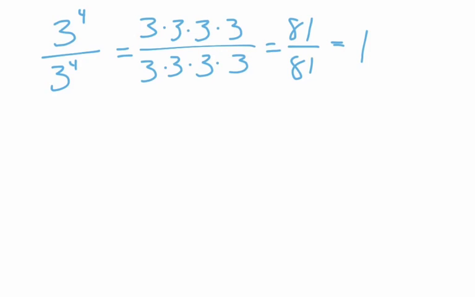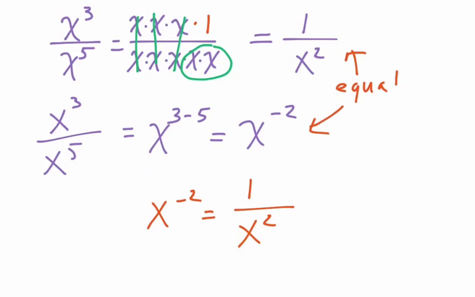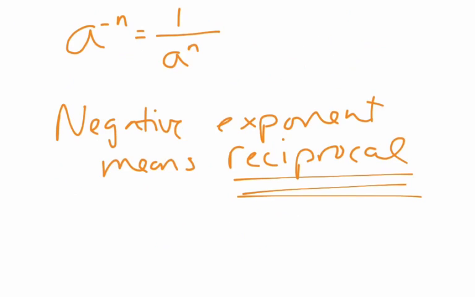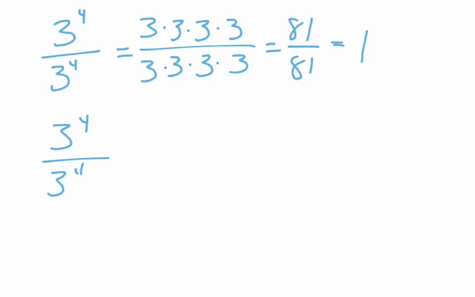Now, we also know from our study of exponents and that property right there, that as long as we are dividing like bases, we can subtract the exponents. And so I could do 3 to the 4 minus 4, and now you can see where that 0 is coming from. 4 minus 4 is 0.